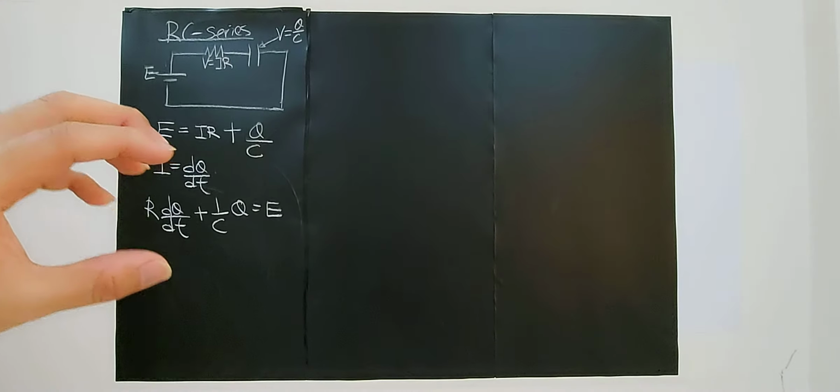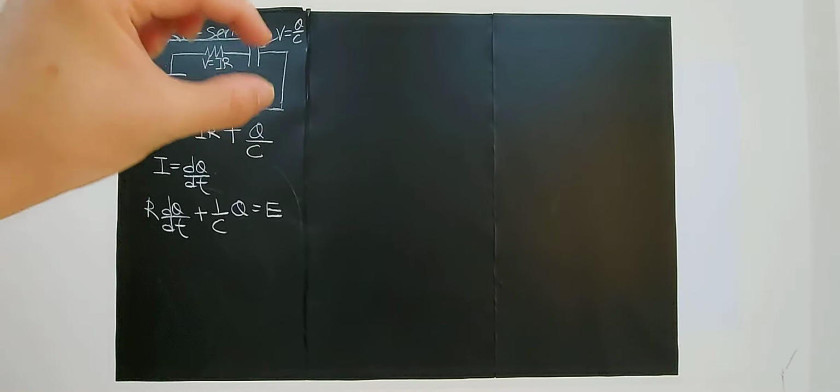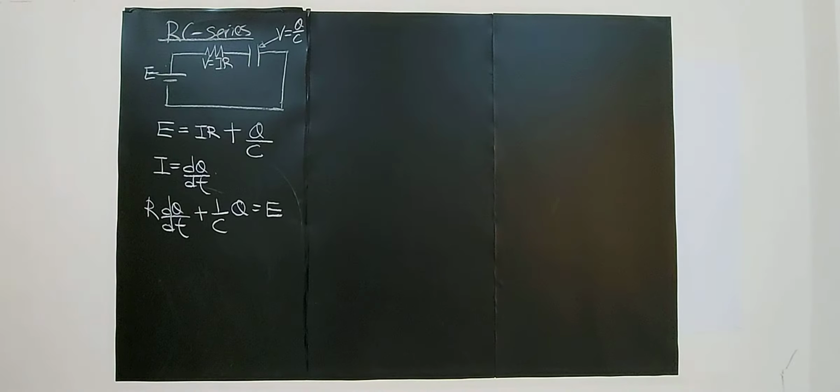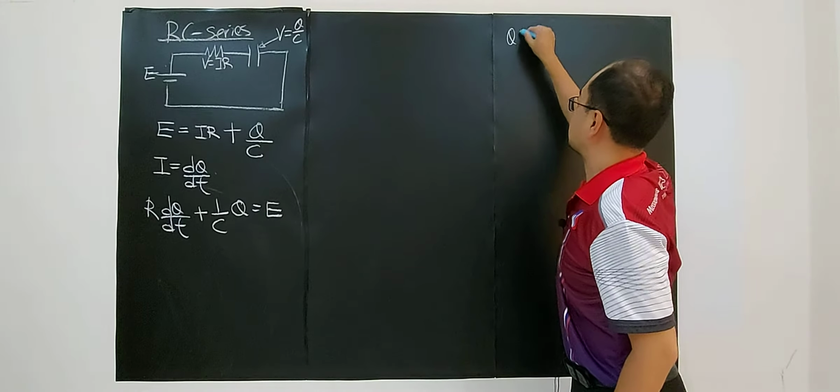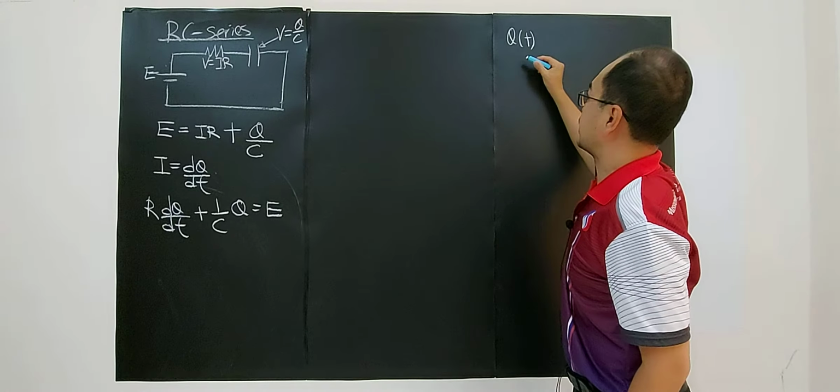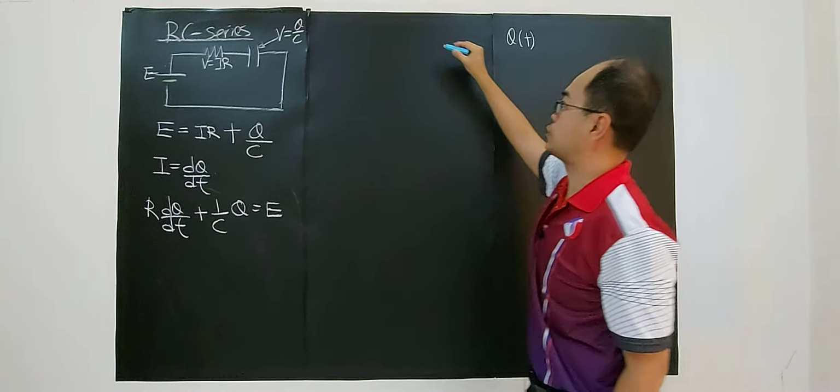But for mathematics, we are going to study how to get the formula for the charge in the capacitor. We want to find the charge of the capacitor at time t, where Q is the charge of the capacitor.